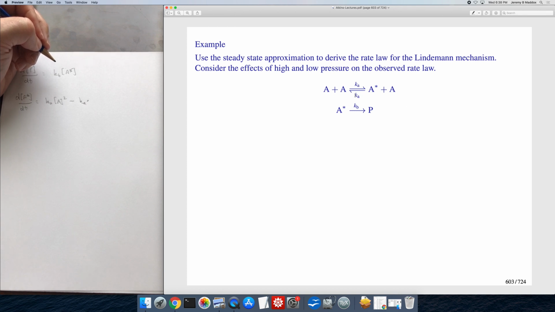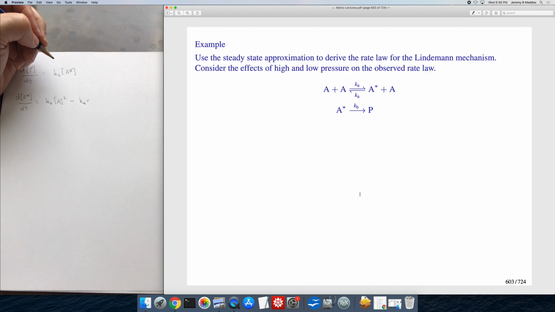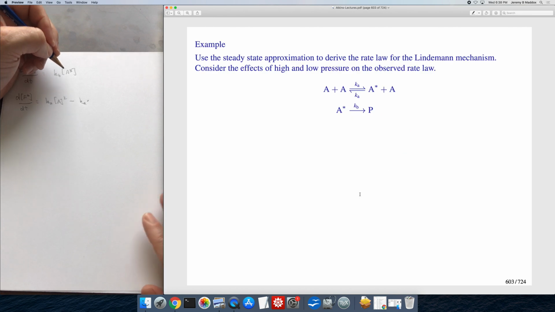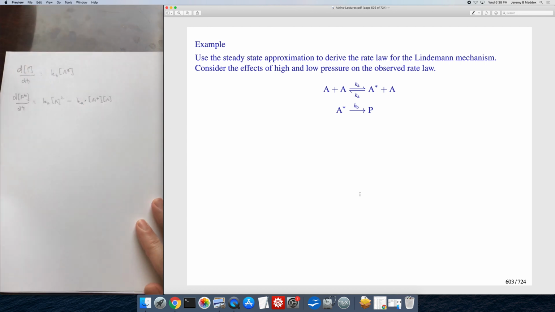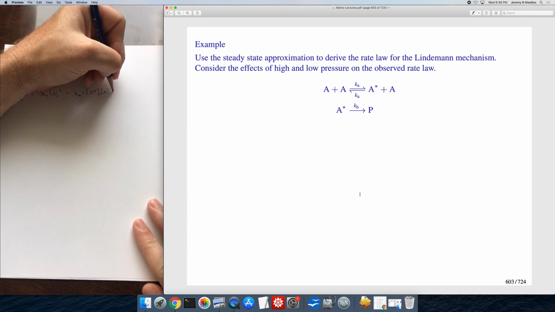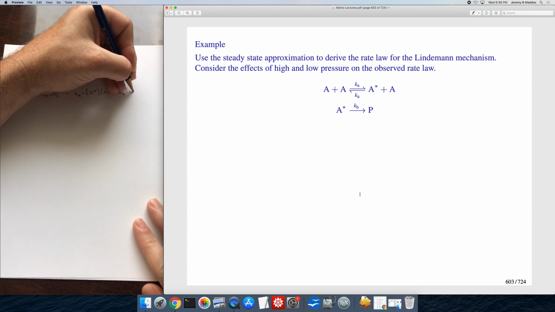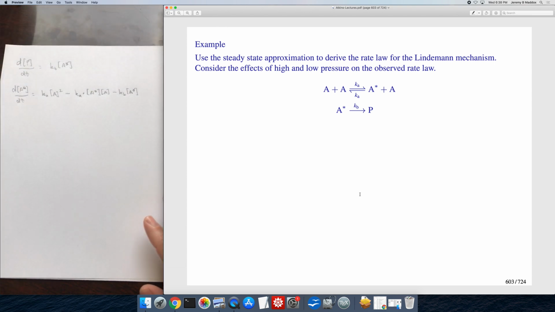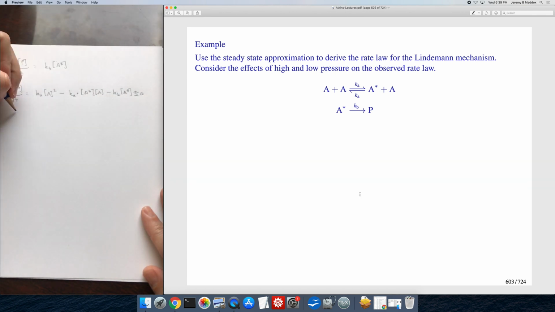They are not the same, and that's true on this slide as well. That should be Ka prime. A star A. And then the last step also consumes some of the excited molecule. So we're going to use the steady state approximation here, set that approximately equal to 0, and solve for the intermediate concentration.